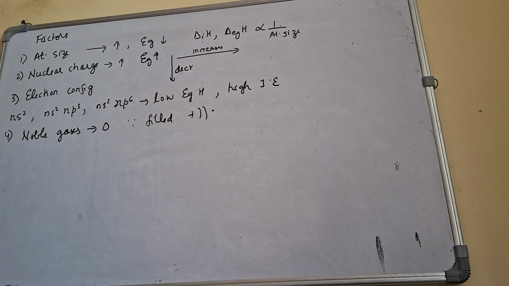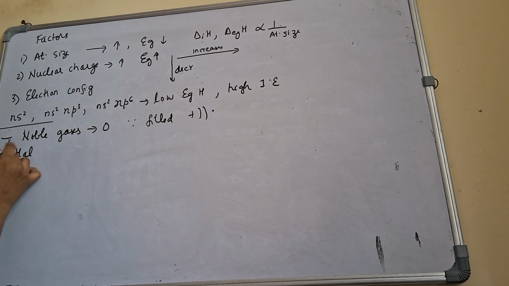They have positive values, meaning they do not give out energy. In fact, we have to give energy if we want them to forcibly accept an electron. That's the reason it is positive. And if you talk about halogens in general, these are not factors, by the way, these are just points. So I will just write this.